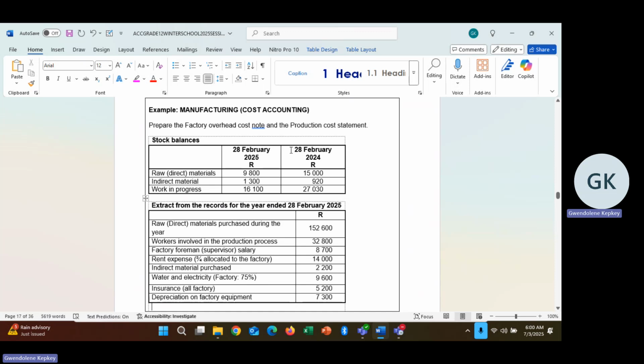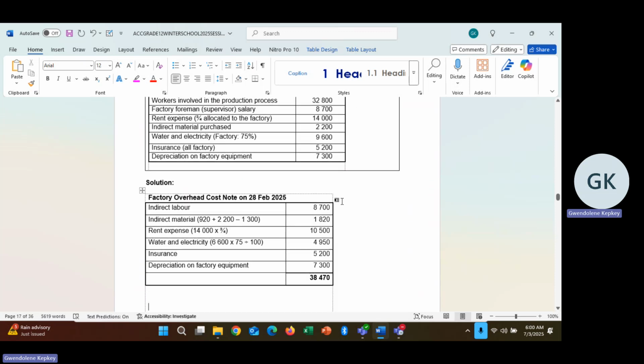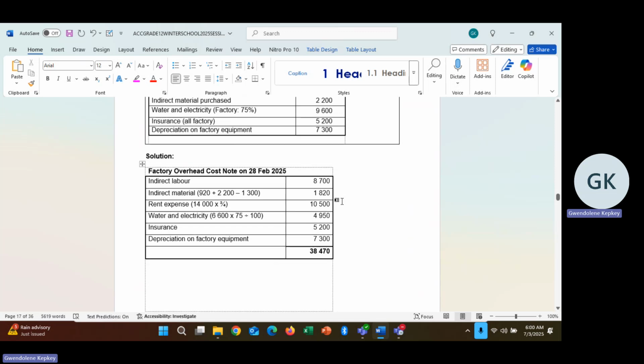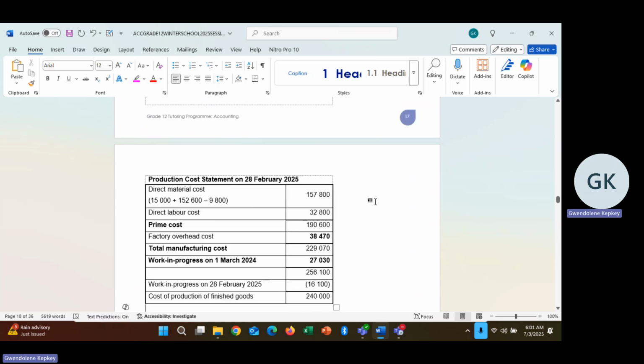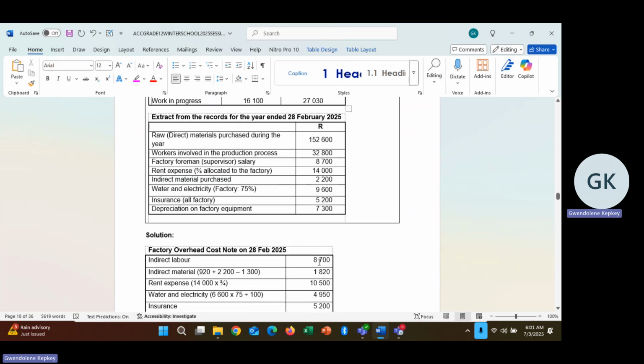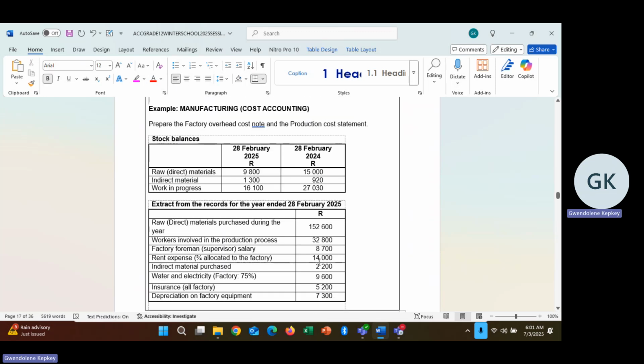Now, in this case, we haven't put down lots of theory, but surely that has been covered in class with your educator. So for now, they want us to prepare, first of all, the factory overheads note, and they want us to do the production cost statement. Very elementary, in the sense that lots of the amounts and totals are given to you.